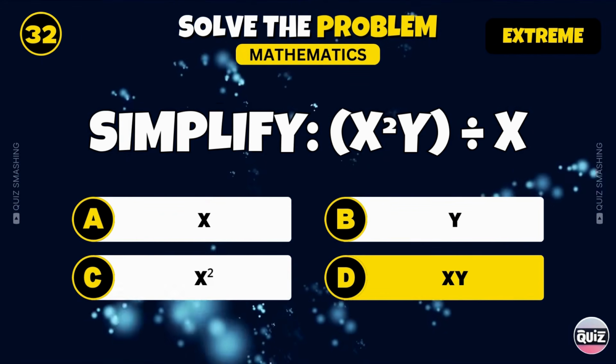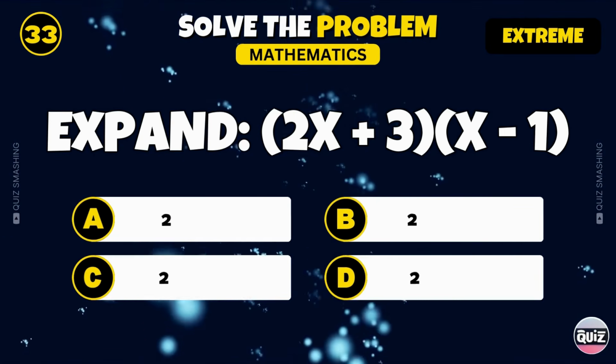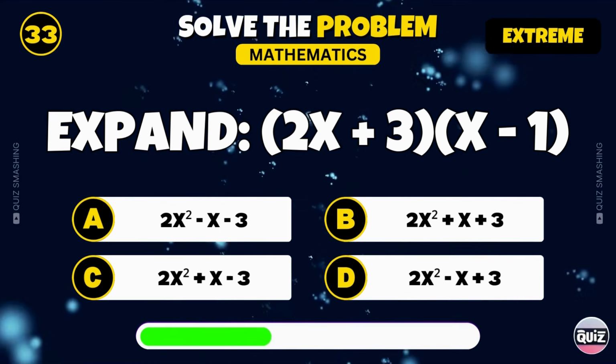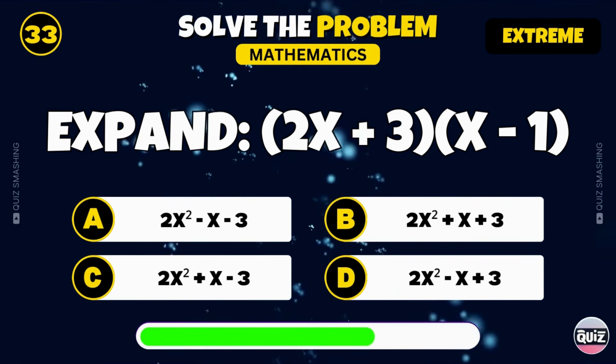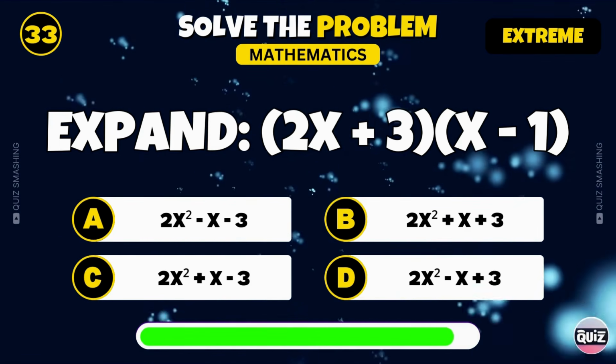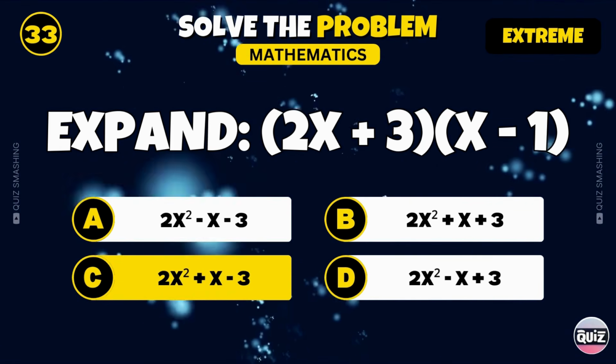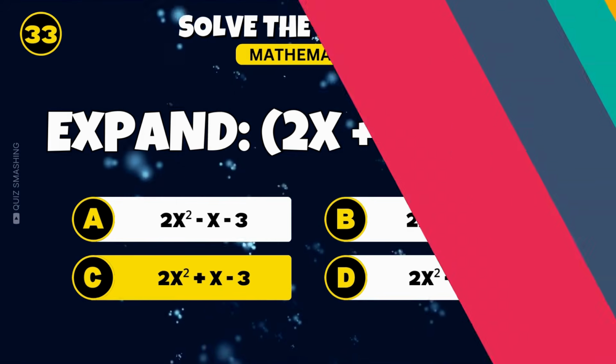That's right, it becomes xy. Expand (2x plus 3) times (x minus 1). Exactly. It becomes 2x squared plus x minus 3.